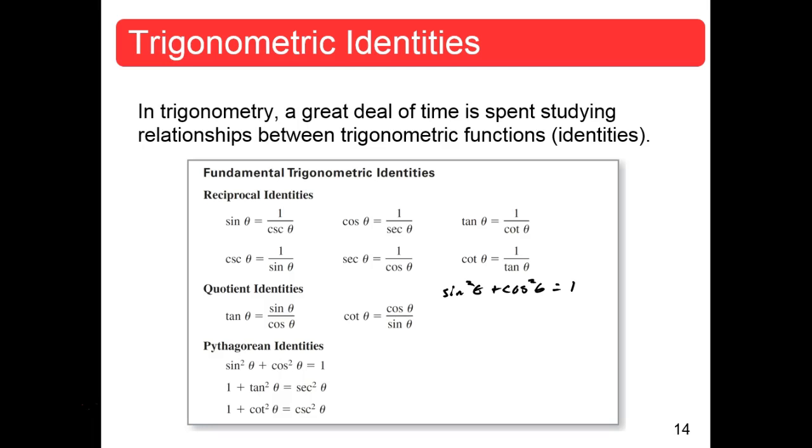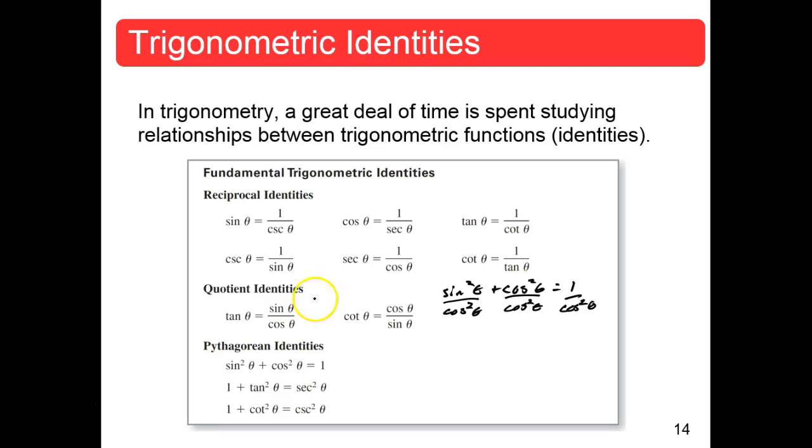Now, what if we were to divide everything on both sides of the equation by cosine squared theta? Legal in most states, right? The only time when it's not legal is when cosine is 0, and we're just going to exclude those values, okay?